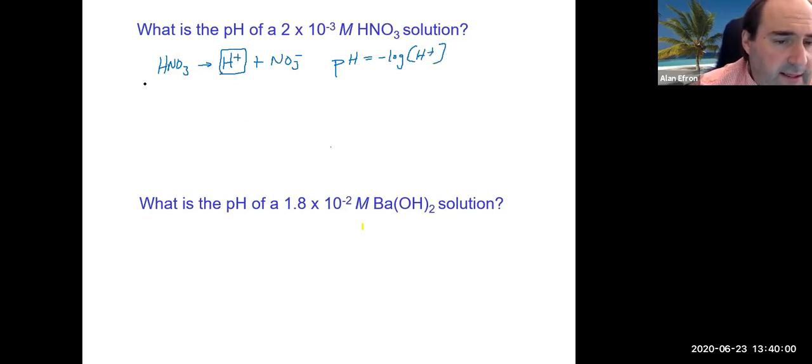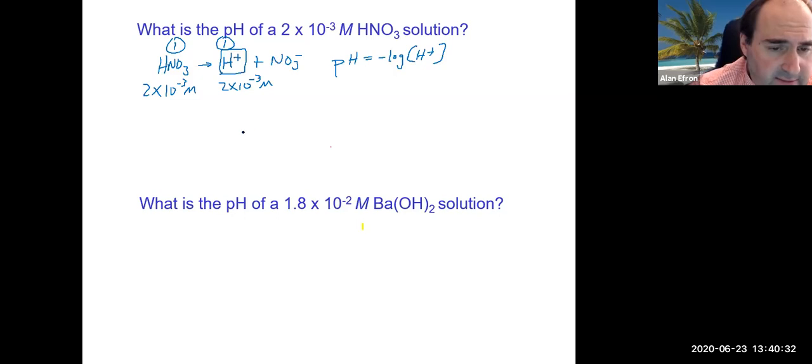So we do know that the entire thing here is 2 times 10 to the minus 3 molar. If we need to know the H plus concentration in this case, it is a 1-to-1 relationship between those two things, and as hopefully you remember, concentration works that way. So that means that the concentration of the H plus ions is 2 times 10 to the minus 3. By the way, the concentration of the nitrate ions would also be 2 times 10 to the minus 3, although we don't really need them here in this problem.